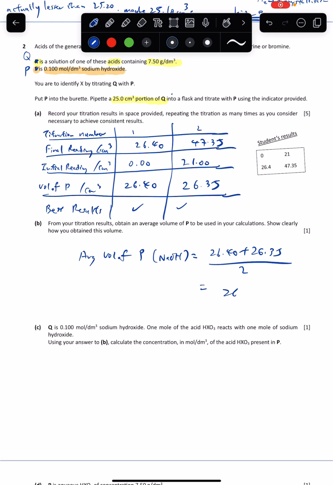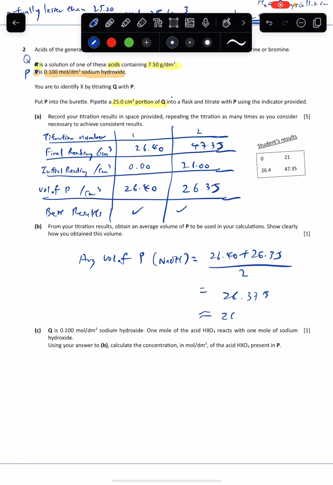On the calculator, 26.4 plus 26.35 gives 26.375, which is 26.38 cm cube, 2 dp.